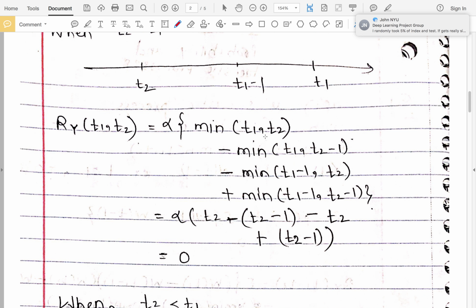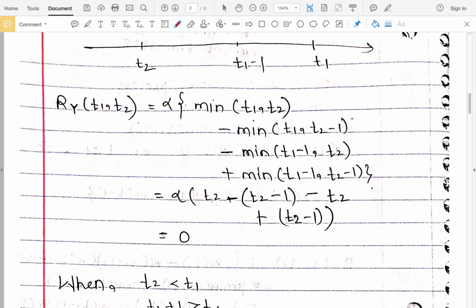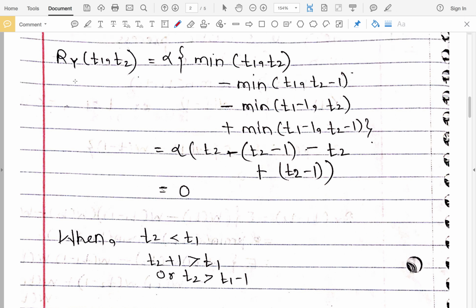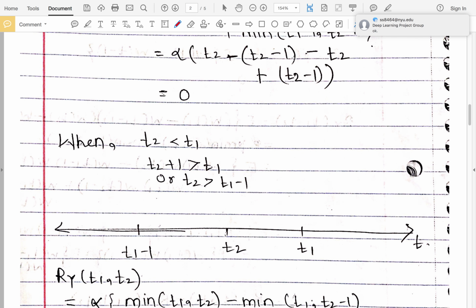The minimum of t1, t2 is t2; from t1 and t2 minus 1, the minimum is t2 minus 1; from here the minimum is t2; from here the minimum is t2 minus 1. As we solve this, we see that t2 cancels t2, 1 cancels 1, and again t2 cancels t2, and we have 0 as the answer. So the autocorrelation function of Y, R_Y(t1, t2), when t2 is less than t1 and t2 is less than t1 minus 1, is 0.